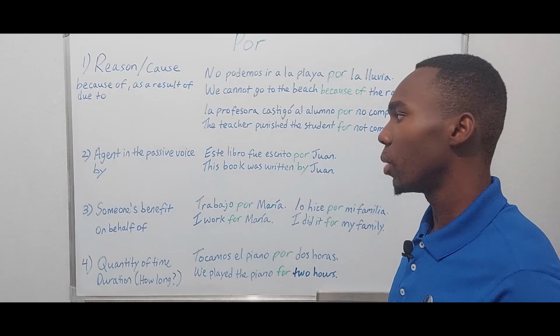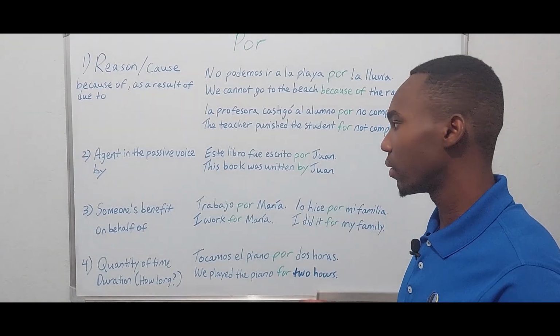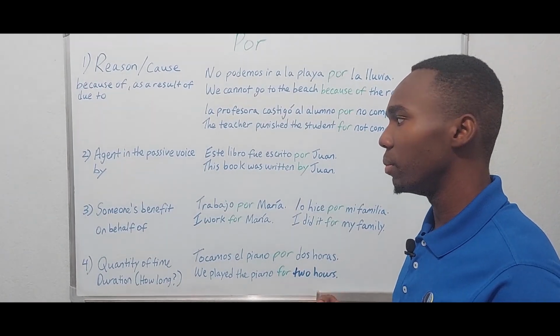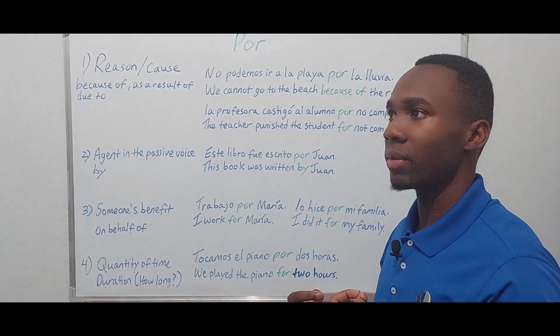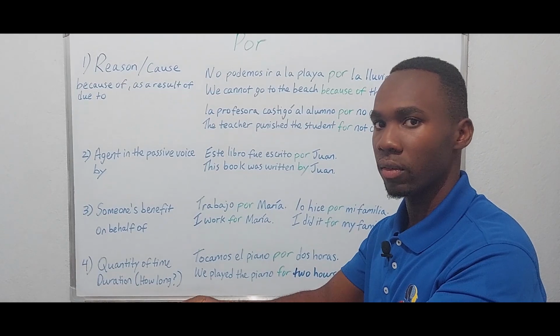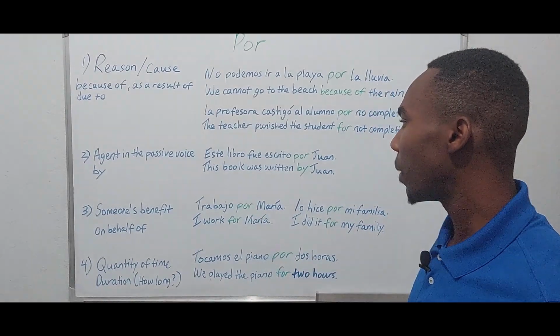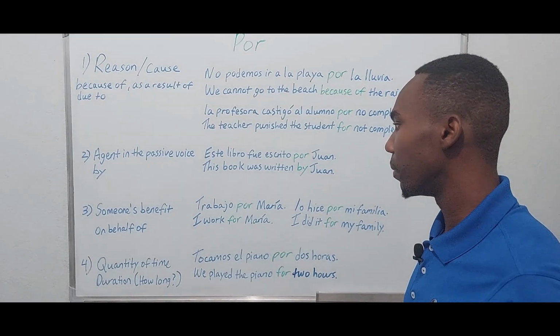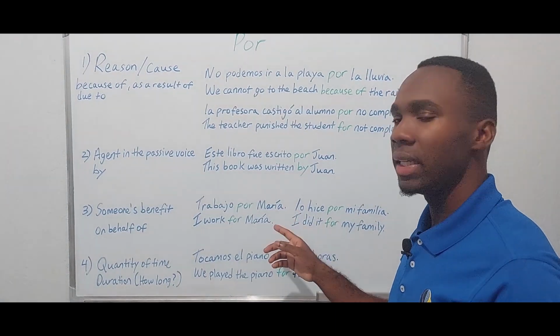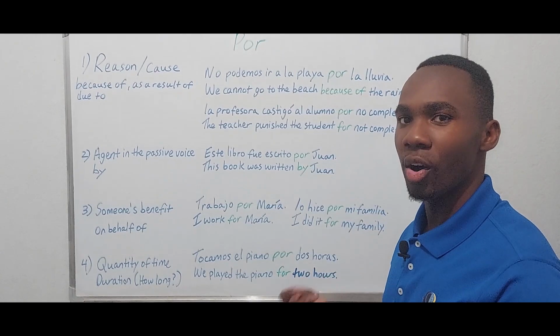Number 3, someone's benefit. And in this case, someone's benefit would mean on behalf of someone, okay? So you're doing something in the interest of someone else, okay? Trabajo por María. I work for María. This doesn't mean that María is my boss or employer.